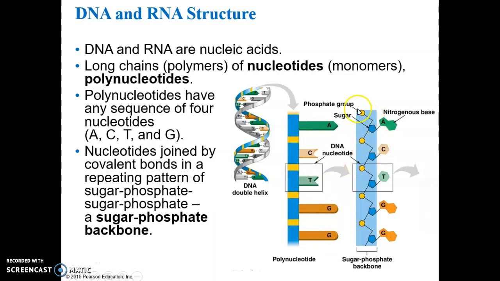Each nucleotide has a phosphate, a sugar, and a base. The phosphate group and the sugar group of each nucleotide are identical. The only thing that's variable are the nitrogenous bases, the A, C, T, and Gs.